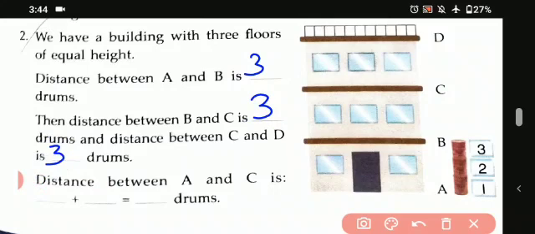Now again we'll do the distance between A and C. This much we have to calculate. So 3 plus 3. When we do the plus, that comes to 6 drums. Okay, students.